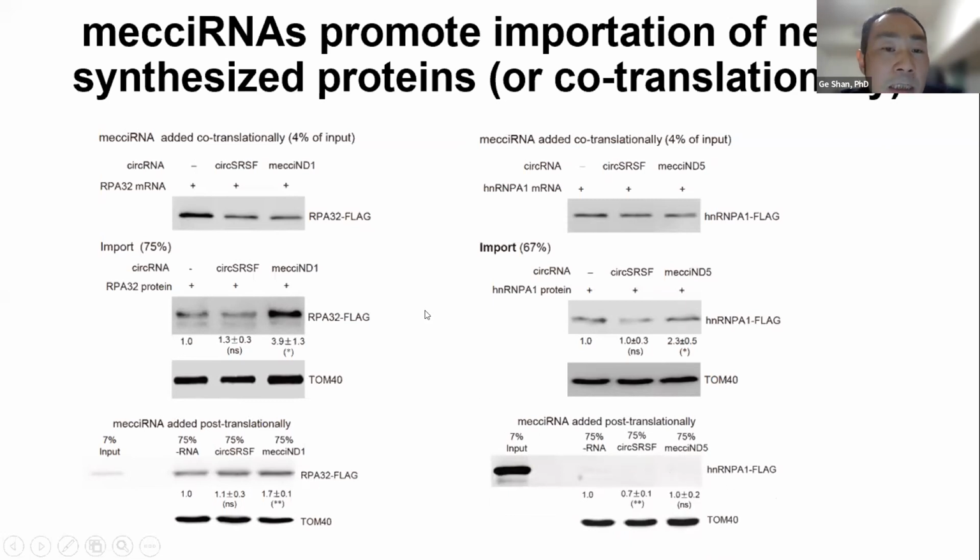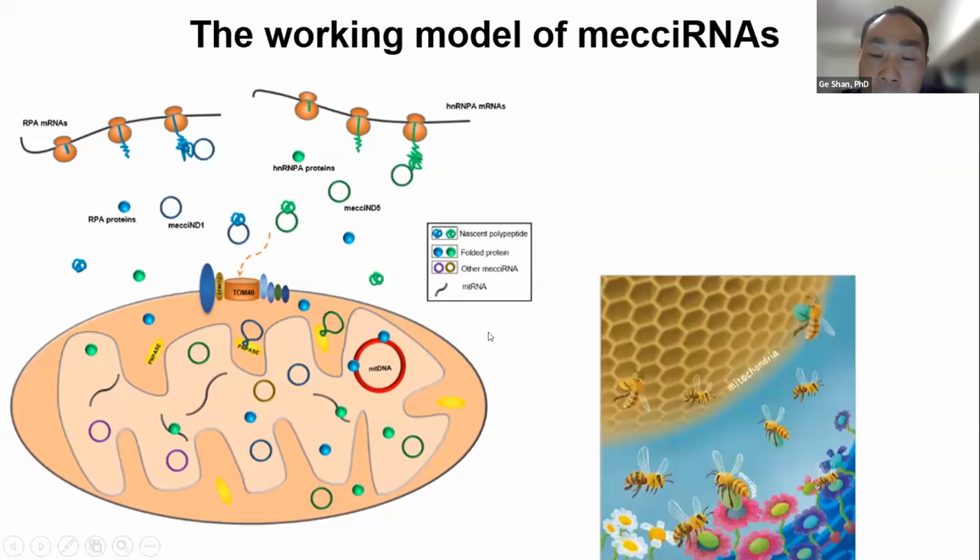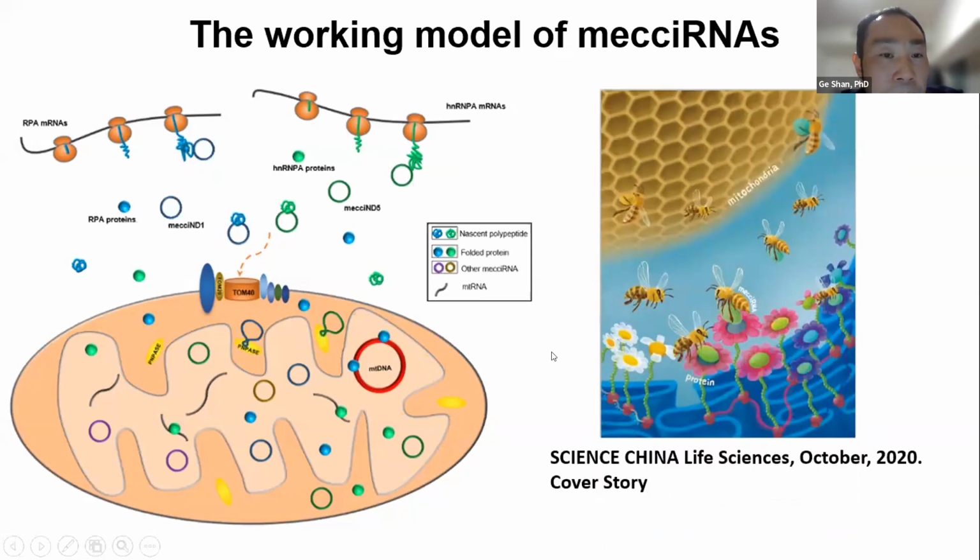So this suggests a model in which MecciRNA facilitates the import of newly synthesized protein from the cytosol and promotes mitochondrial import by interacting with the TOM40 complex. This paper is already published.